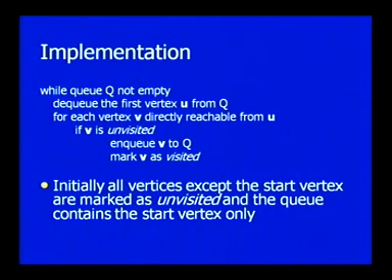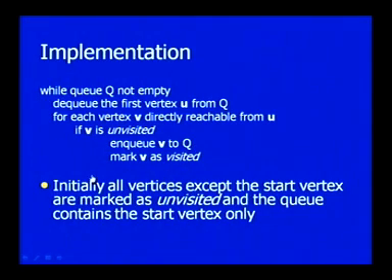So, the algorithm for BFS is going to look like this. While queue is not empty, DQ the first vertex u from q, for each vertex v that is directly reachable from u, and if v is unvisited, then NQ that onto the queue and mark v as visited.